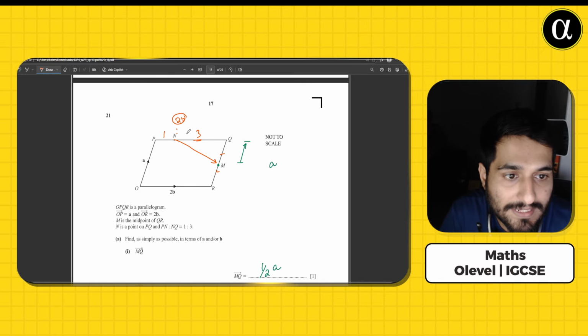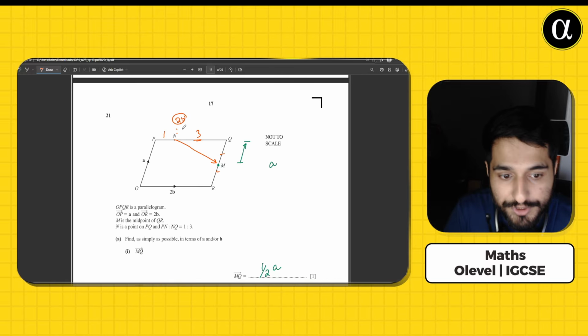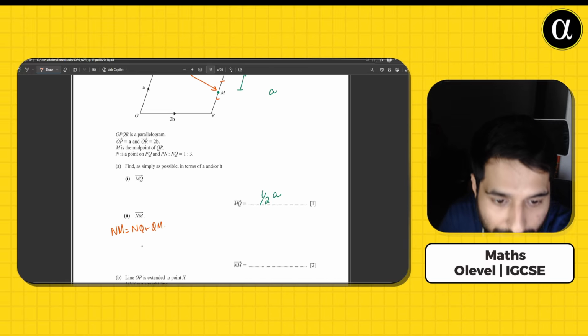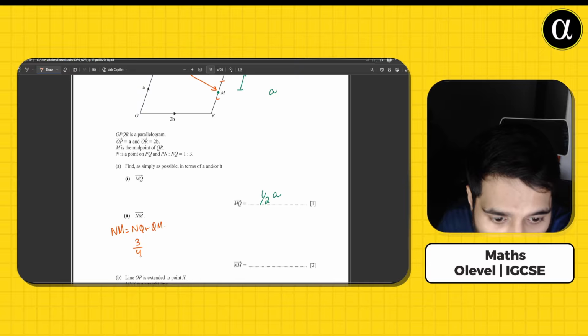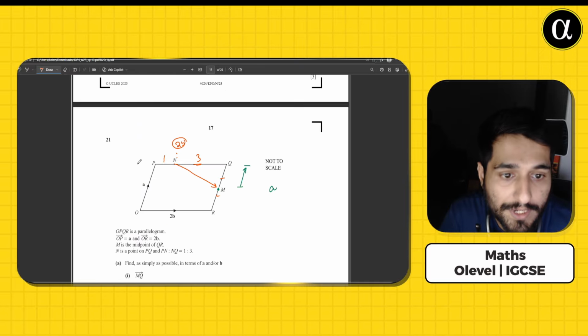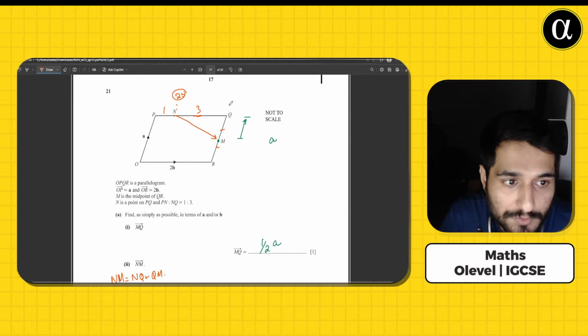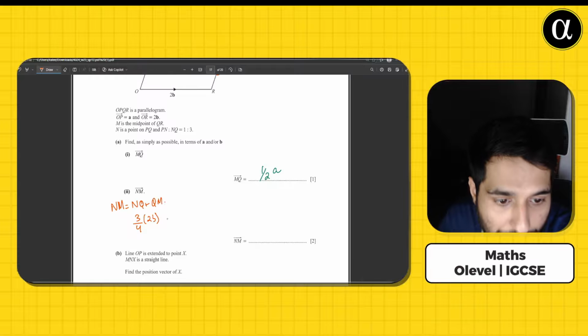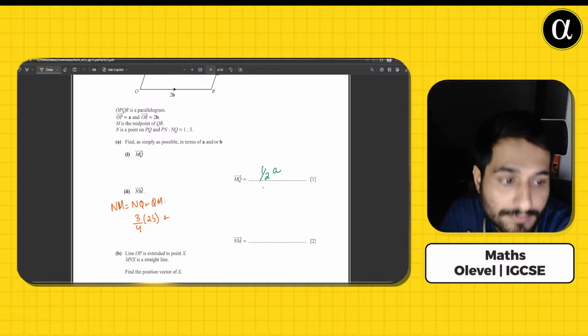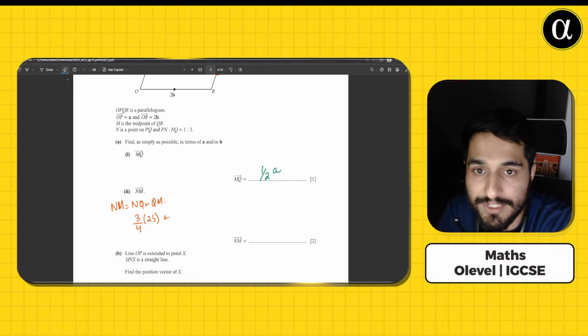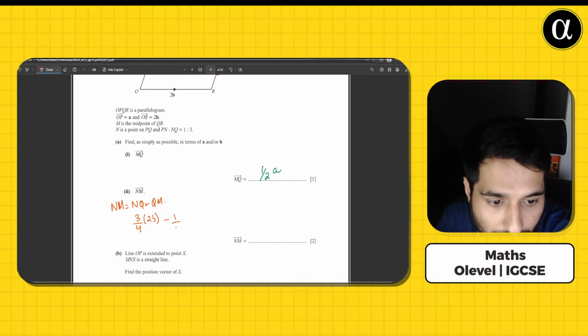NQ is basically 3 out of the total 4 portions. So this is going to be 3 over 4 of 2b, because the whole vector PQ was 2b, same as OR. And then what's going to be QM? QM is going to be the negative of half a because it's in the other direction. So we are going to say it's minus half a.